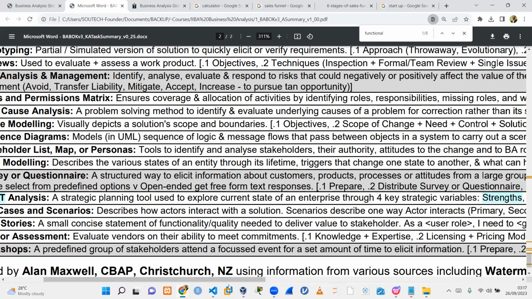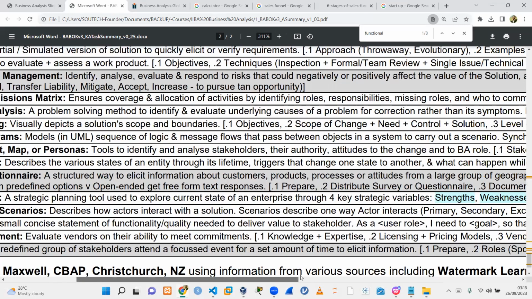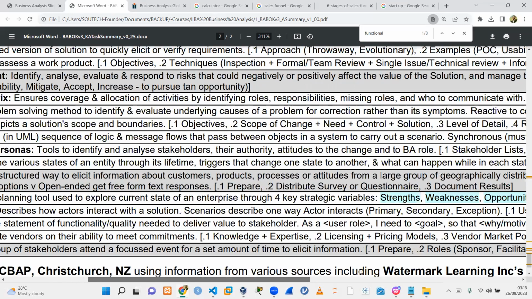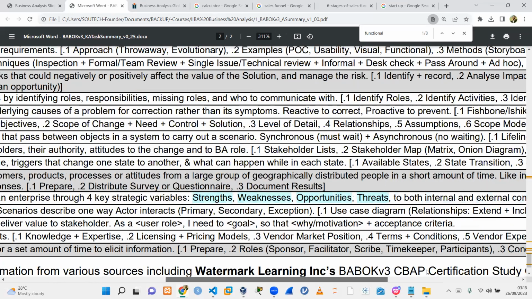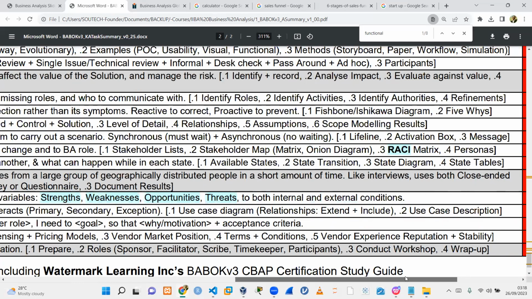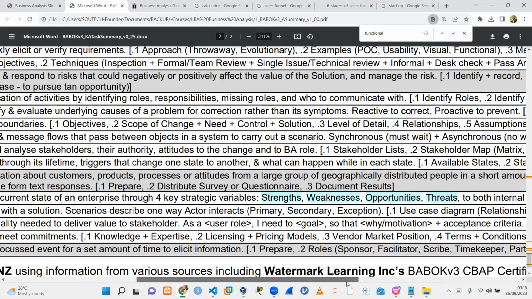It can be over the phone, it can be interviewer led, or led by the person administering the questionnaire. It can be online, on Google Forms, Typeform, or Microsoft Forms. It can be in any way. What you want to do is collect information about customers, products, processes, and attitudes of a large group of geographically distributed persons within a short amount of time.